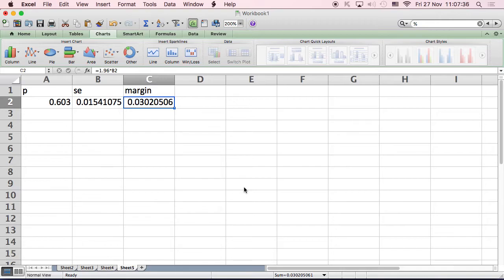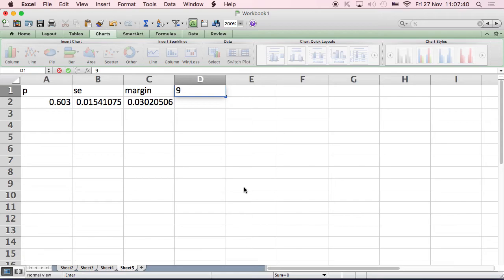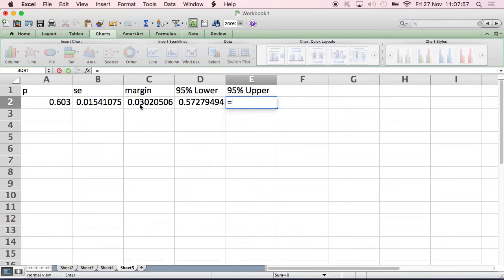We have the margin of error already, so we can calculate the 95% lower and the 95% upper, which is equal to P minus the margin of error and P plus the margin of error, and we have a range of 57 to 63.